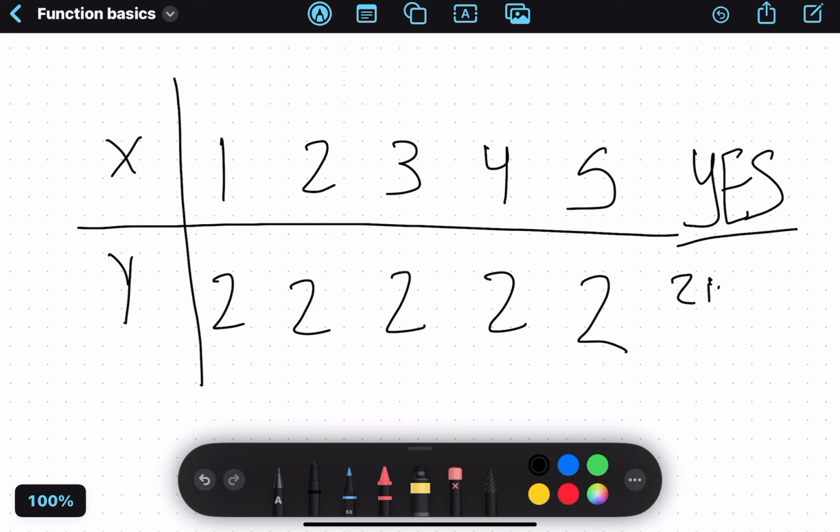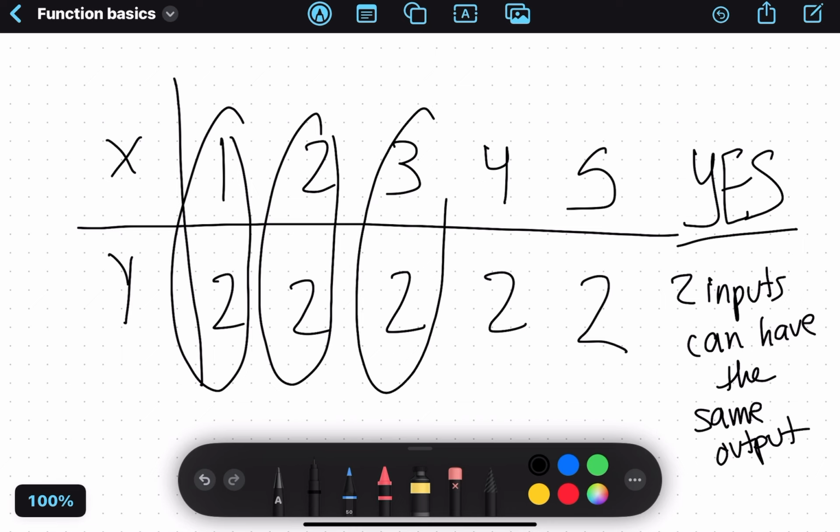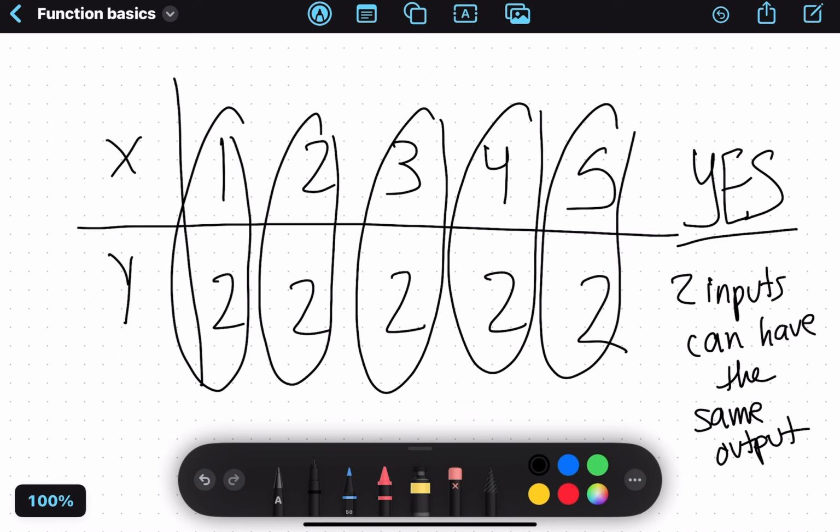Because two inputs, like we said, can have the same output. In a completely basic function, that is totally okay, right? Because for each value of x, there's only one value of y. It's not like we have 2 3s or 2 5s. It's okay that they all equal 2, but they're unique, and that's what matters.